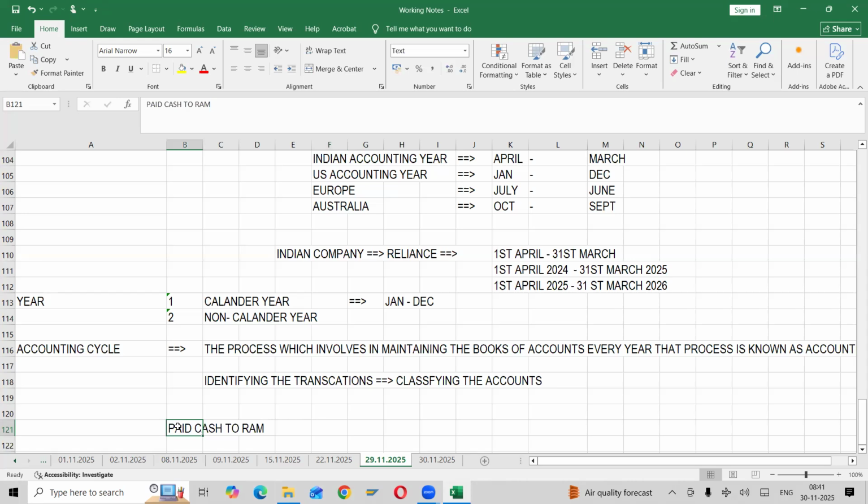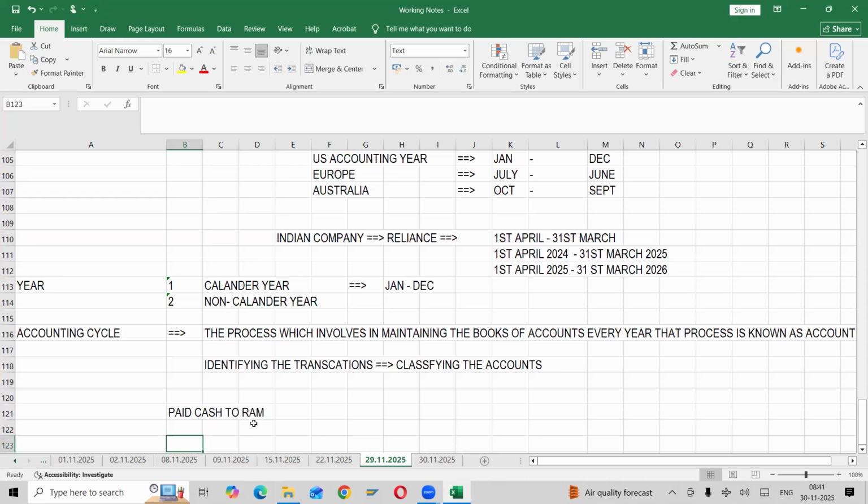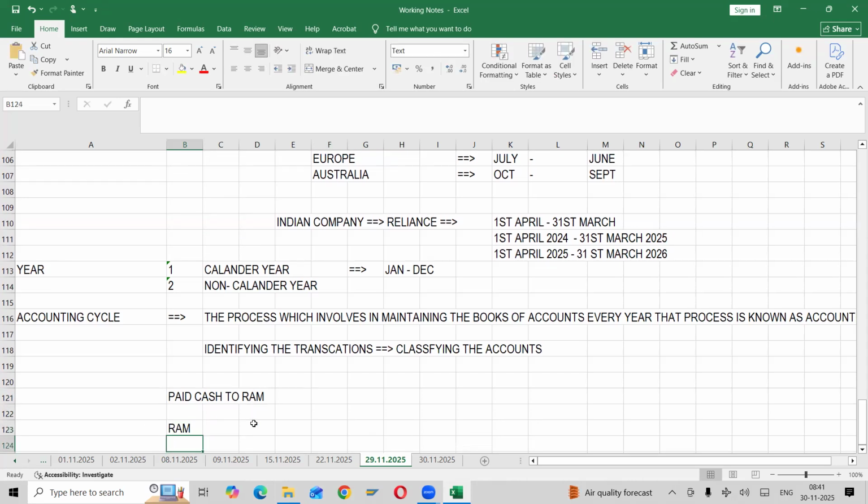Personal account. Just tell me, who are the accounts involved? One is Ram. The next one is cash. So Ram is what? Personal account. What kind of person? Natural person.